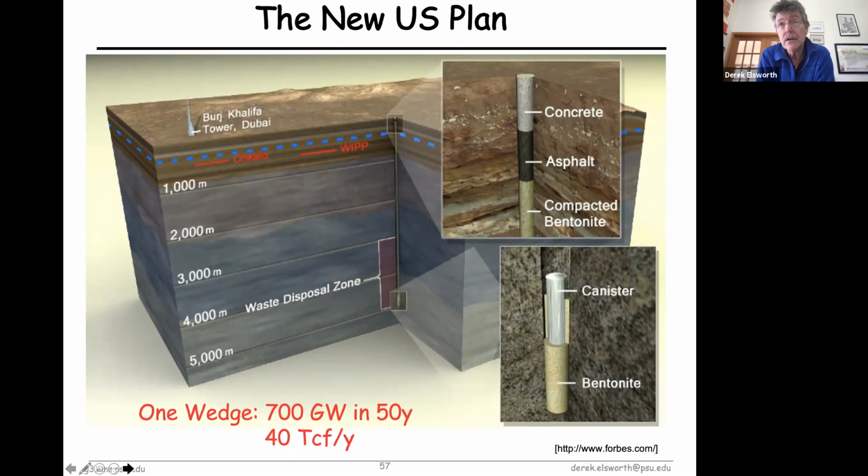Yucca Mountain was 300 meters below the surface. This is talking about 5 kilometers below the surface. But the same kind of idea, putting it away from humanity, where the components can't come back to haunt you through the groundwater system. So that's it.